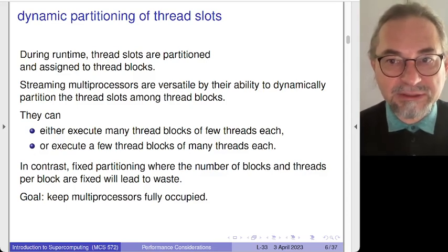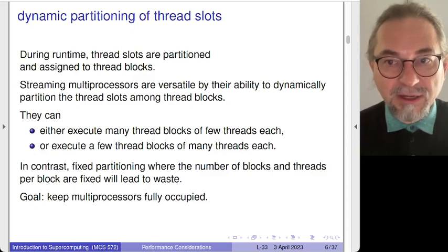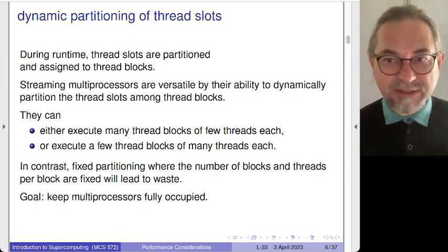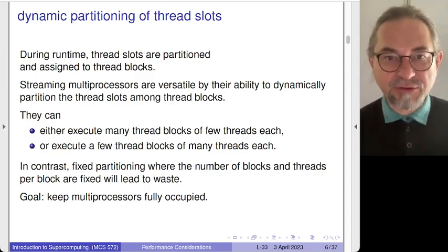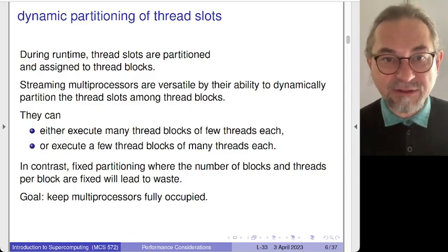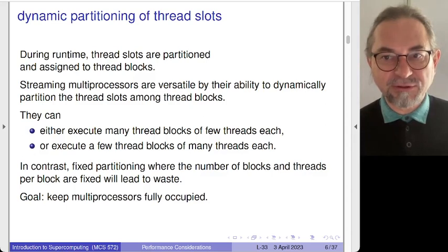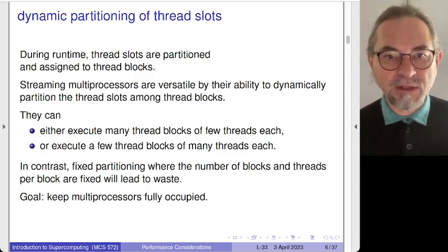The scalable programming model means that the threads are executed in blocks, and the available thread slots depend on how many blocks of threads you can schedule.